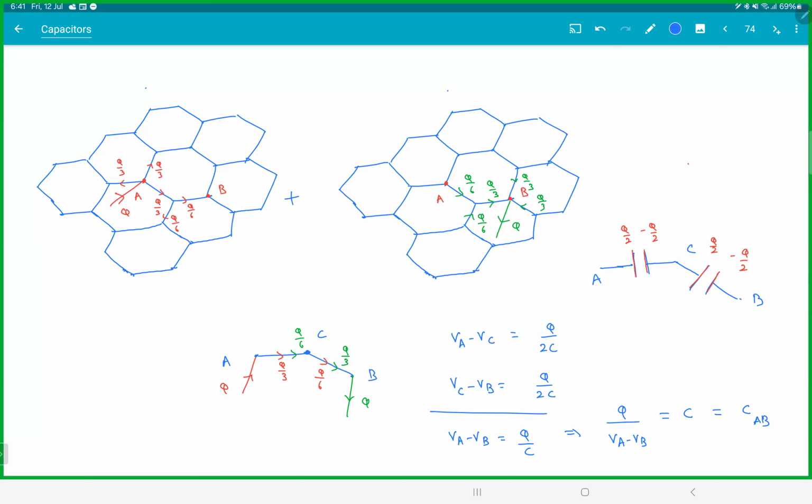Is this clear, everyone? These are infinite grids. Clear? Next one.